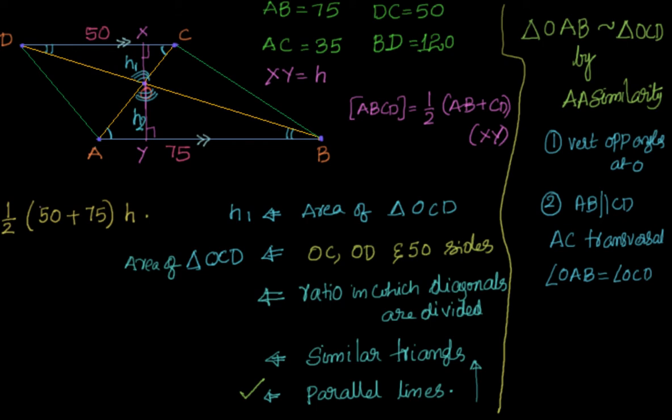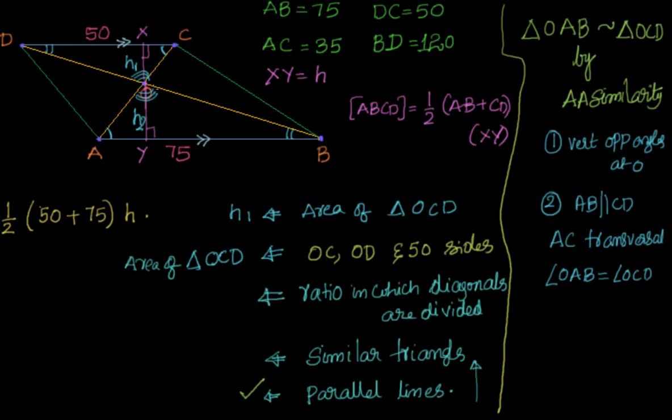Okay. Now we have proven that these triangles are similar to each other. Now we have to know the ratio in which they are divided. We know that similar triangles maintain the same ratio. That means all the sides of OCD and the sides of OAB are in the ratio 2:3, because you can see 50:75 in lowest form is 2:3, or I can say 1:1.5, but let's stick to 2:3 to make it easy.